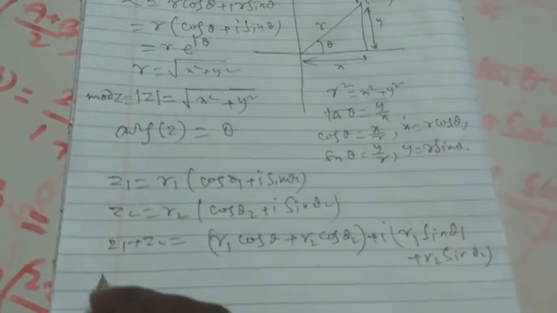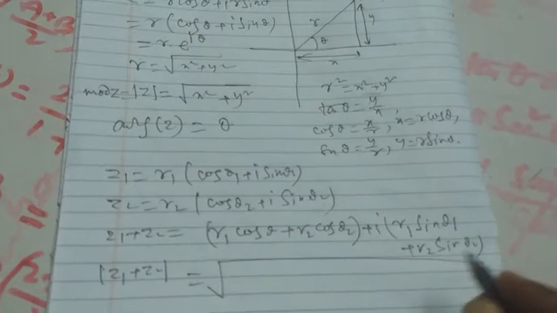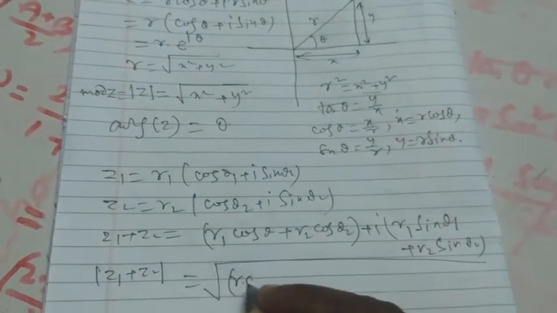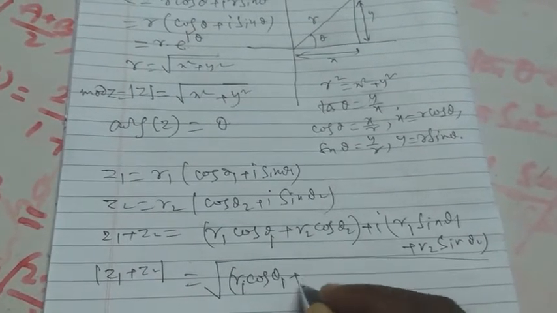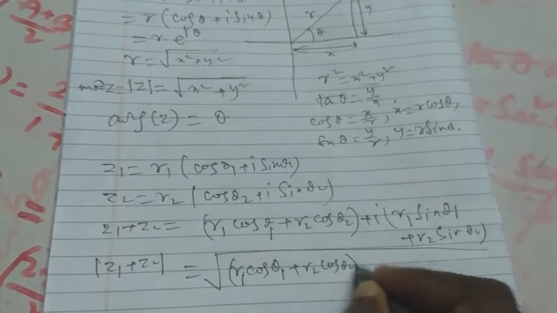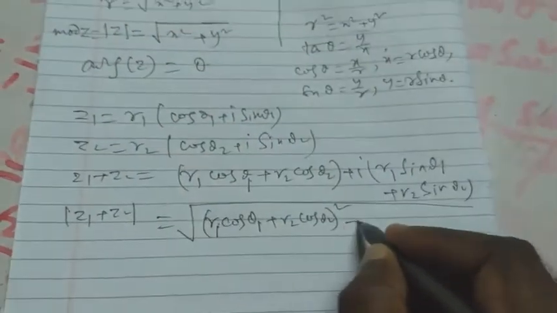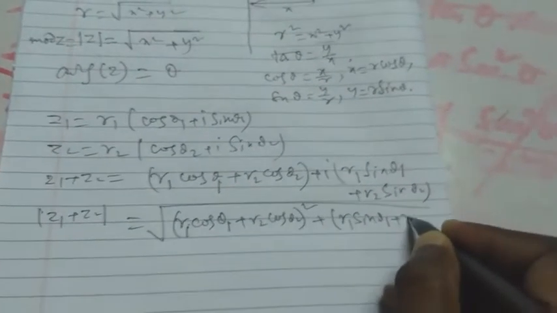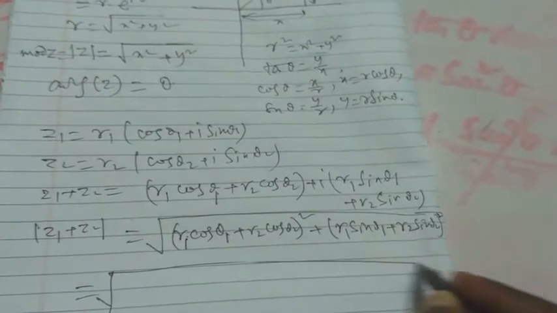And this is from x plus iy form. Now take modulus of z1 plus z2, then that is equal to the square root of the square of the real part plus the square of the imaginary part. We can see the above. Okay, and simplify this part.